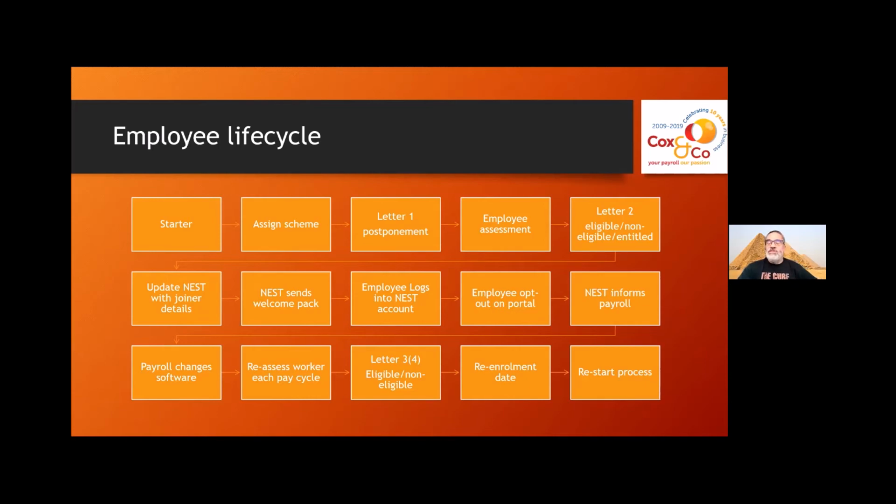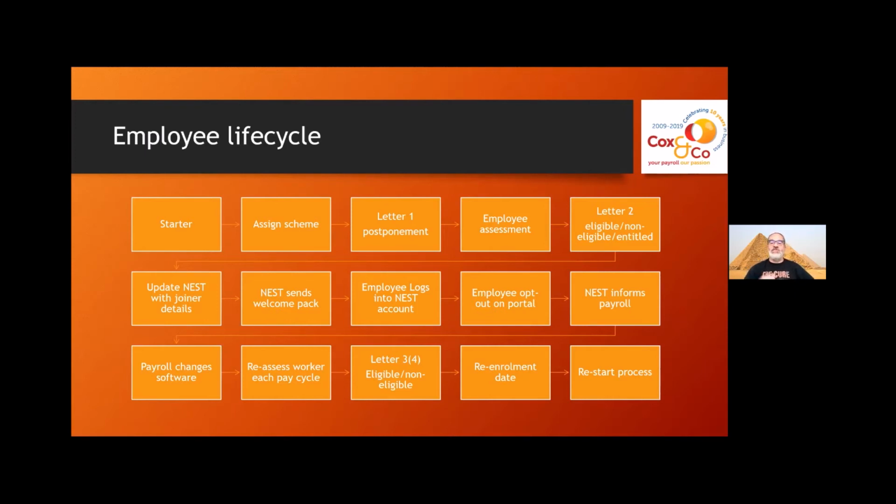Having carried out the assessment, we generate a second communication. I've called it letter 2. If it is someone who hasn't been postponed, it will actually be letter 1. So I've created some confusion there, but it's letter 2 in the set of letters, but letter 1 to that employee. And that letter will tell them whether they're eligible, non-eligible, or entitled.